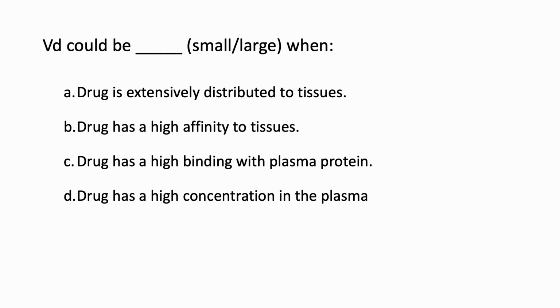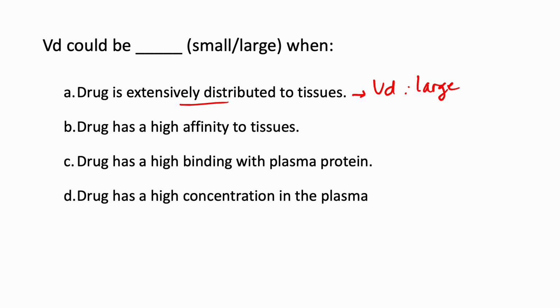Remember, volume of distribution is a hypothetical volume that describes the drug distribution, the volume that the drug is distributed in. So if the drug is extensively distributed in tissue, with more drug in these tissues, the volume to contain the drug is large. So in this case, the volume of distribution is large.